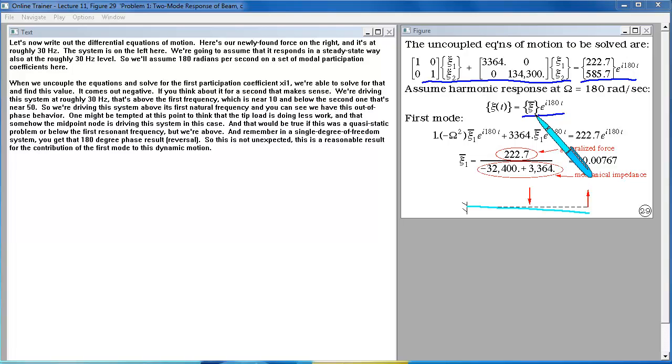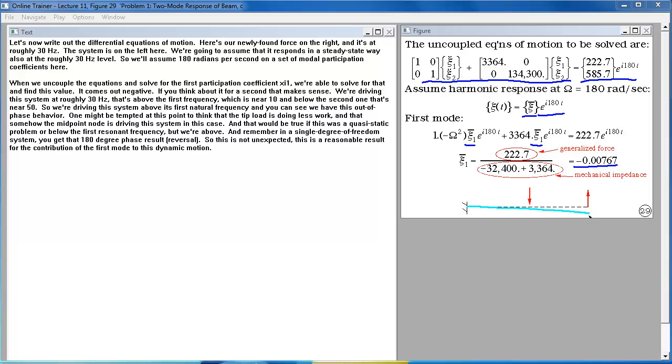When we uncouple the equations and solve for the first participation coefficient C1, we're able to solve for that and find this value. It comes out negative. If you think about it for a second, that makes sense. We're driving this system at roughly 30 Hertz. That's above the first frequency, which is near 10, and below the second one that's near 50. So we're driving this system above its first natural frequency. And you can see we have this out-of-phase behavior.